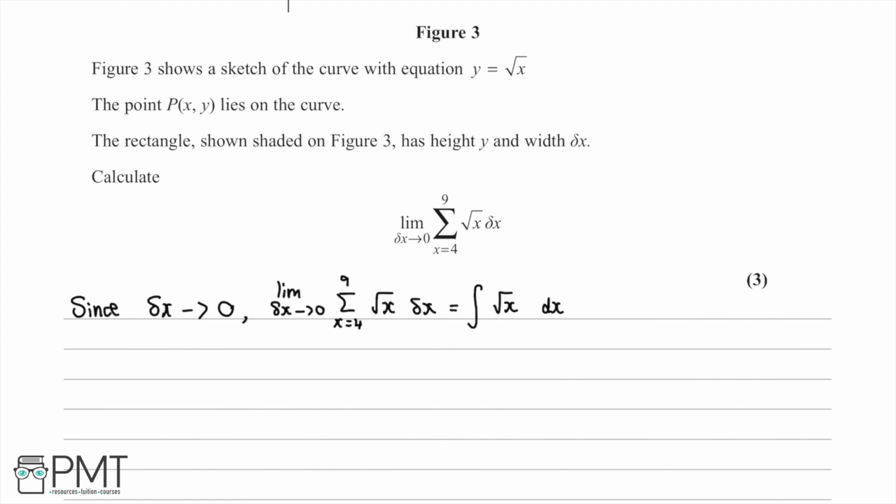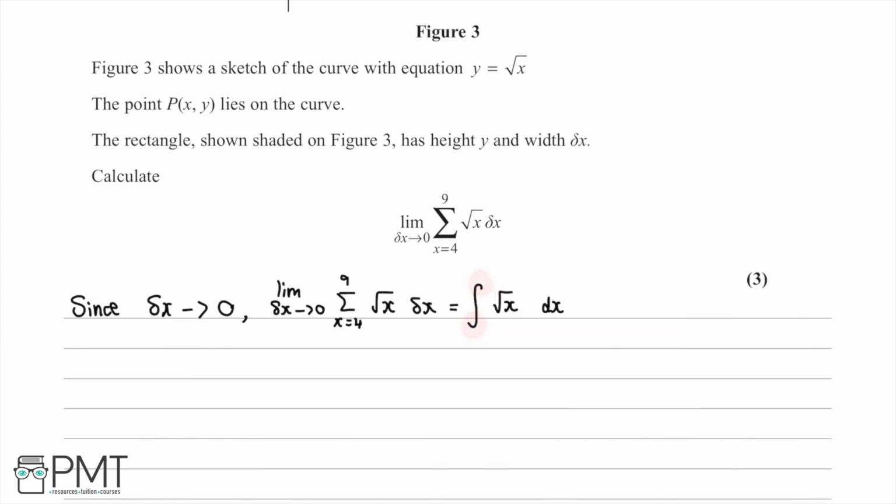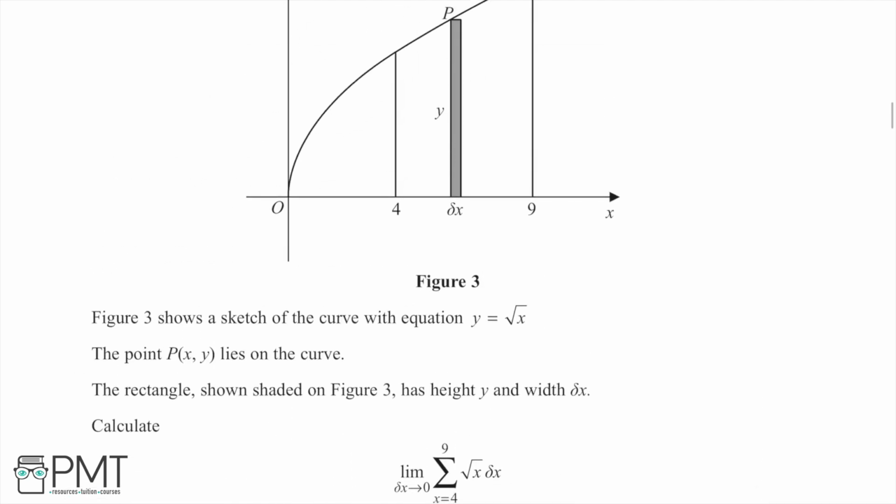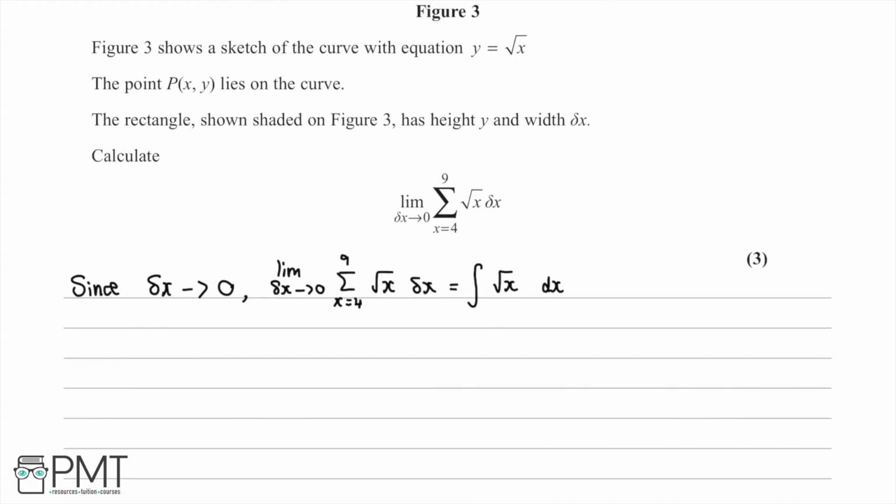And now we ask, what are our limits going to be? Well, we're summing from 4 to 9, and then also we can see in the graph the area goes from 4 to 9. So therefore we'll have our limits as 9 for the upper limit and 4 for the lower limit.